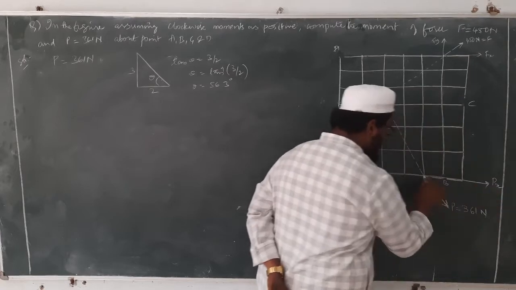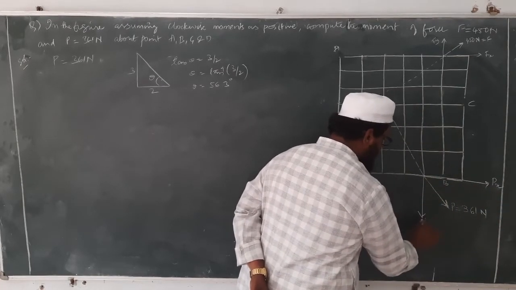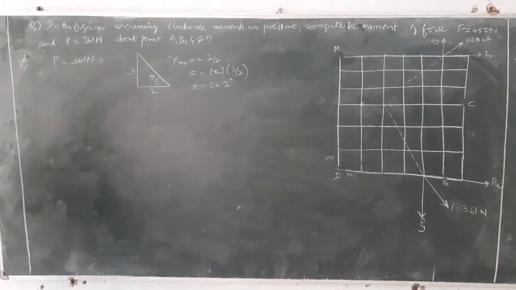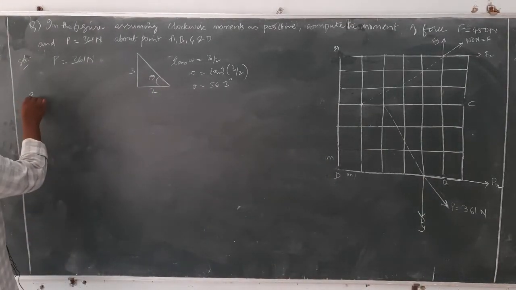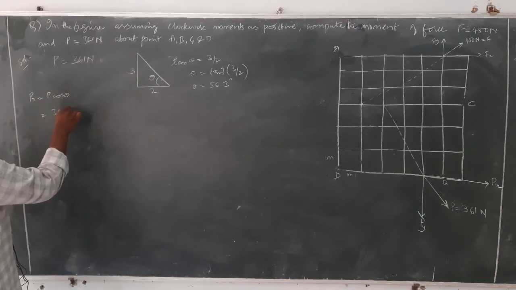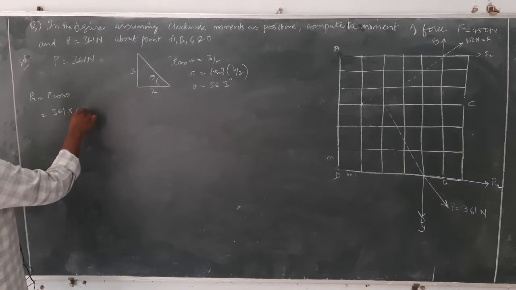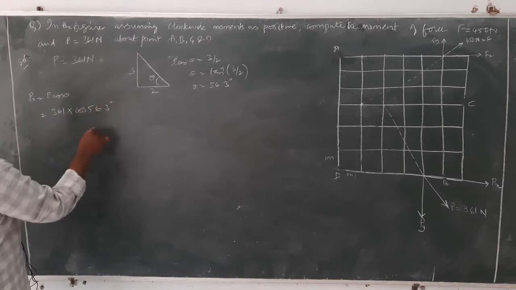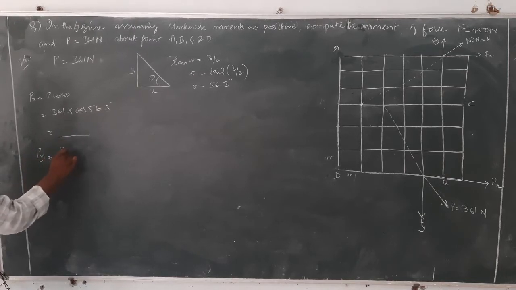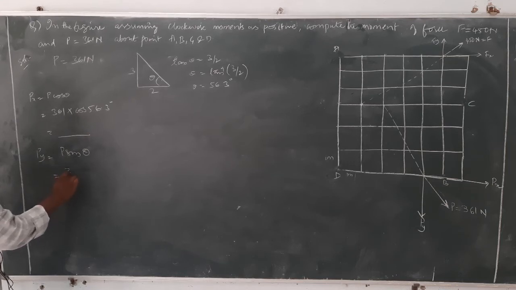This will be your Px and this will be your Py. Now Px is equal to P cos theta. What is the value of P? We have 361 into cos 56.3 degrees. You will get some value. Again, Py is equal to P sin theta, and P is equal to how much?